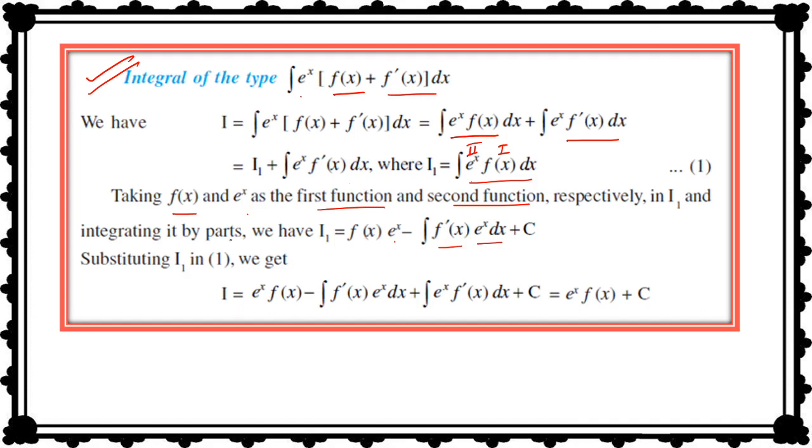Now this given integral is equal to what? This is e power x f x, right, minus integral of f dash x e power x dx plus e power x f dash x dx plus c.